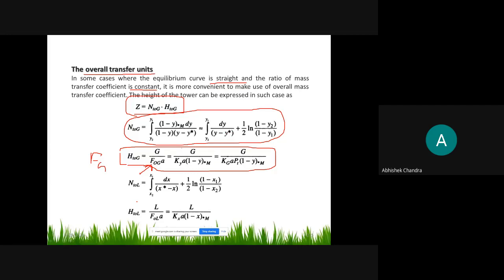Because when we are talking about this case, where the equilibrium curve is straight and the ratio of mass transfer coefficients is constant, in place of interfacial composition we use the equilibrium composition. So now this becomes simple.